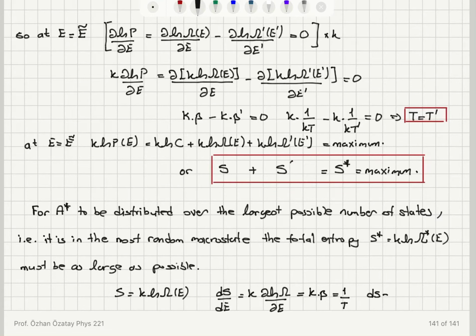So a small change in the entropy is dE divided by T, and I also know that dE is equal to đQ for thermal interaction, since đW is equal to 0.